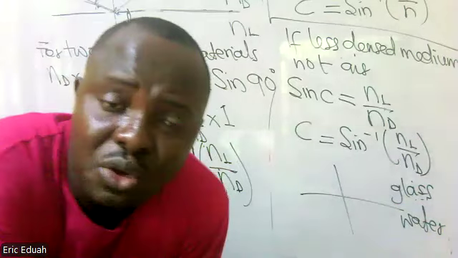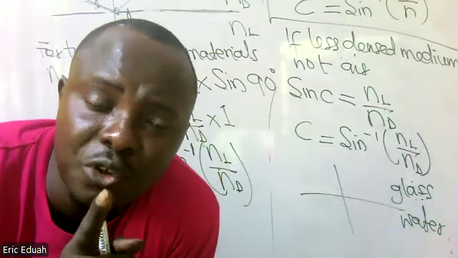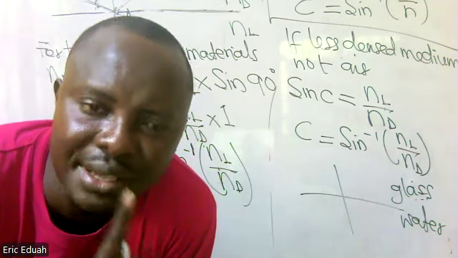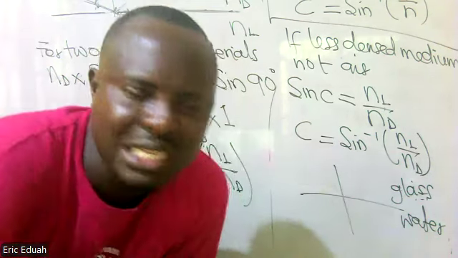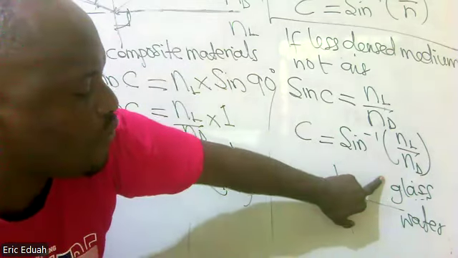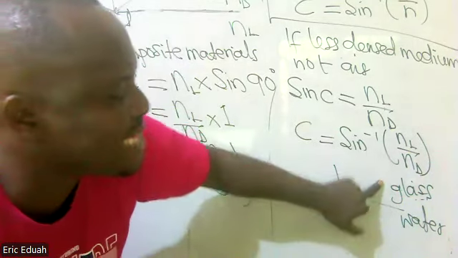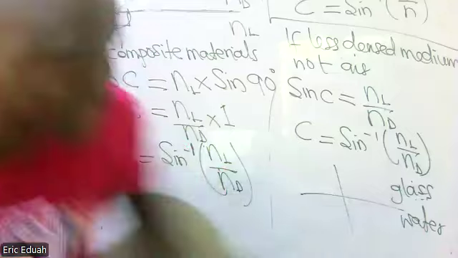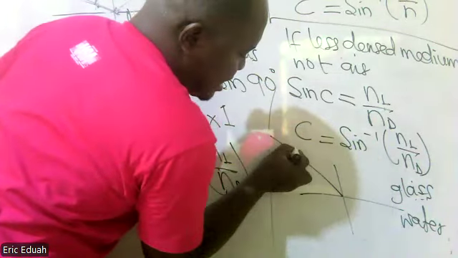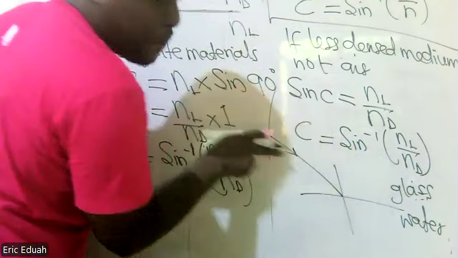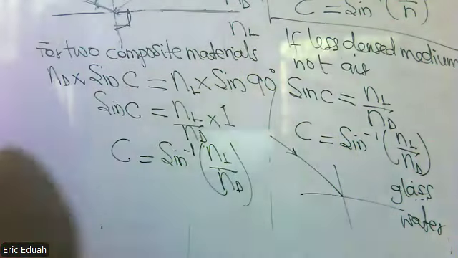I did this because the condition for total internal reflection to occur is that light must travel from a more dense medium to a less dense medium. So I cannot have water, glass. I must have glass, water, so that the light is propagated from the denser medium.